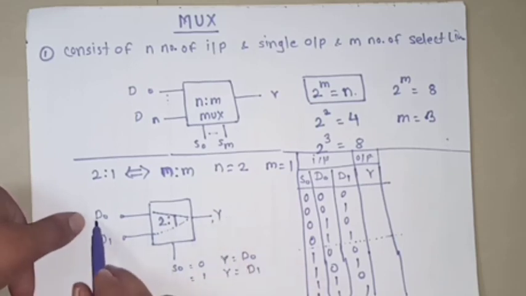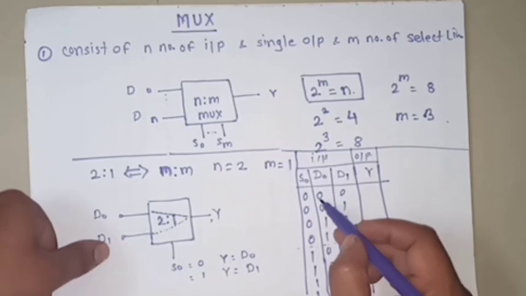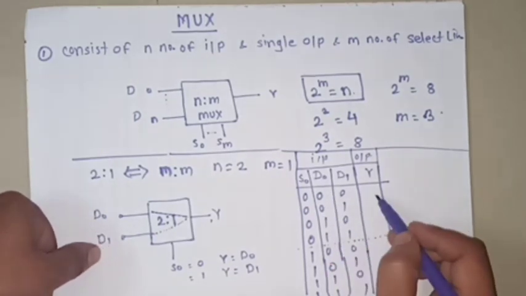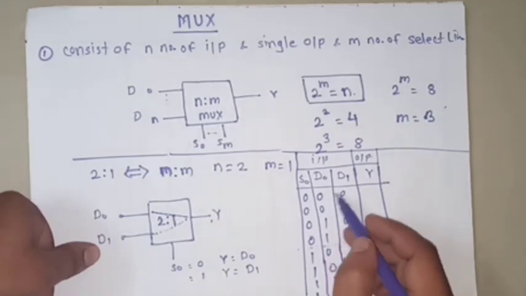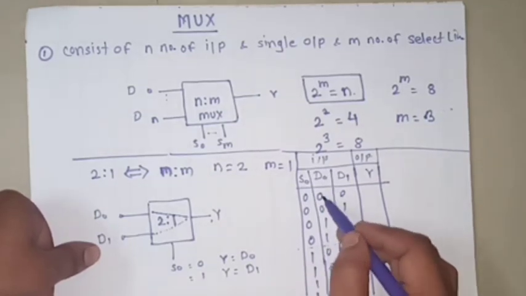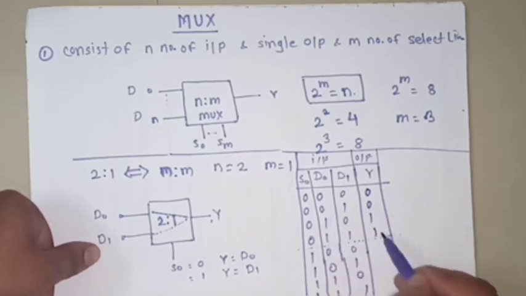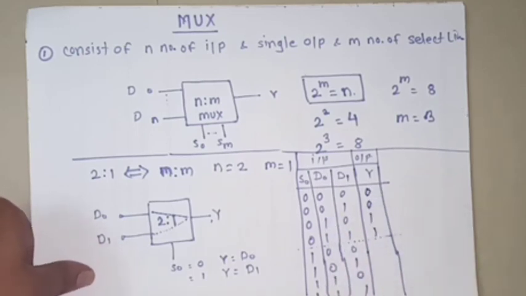If D0 is 1, then Y is also 1, because Y equals D0. So whatever the value of D0, that will appear at the output Y. Here the values of D0 are 0 0 0 0 1 1, and that will directly appear at the output.